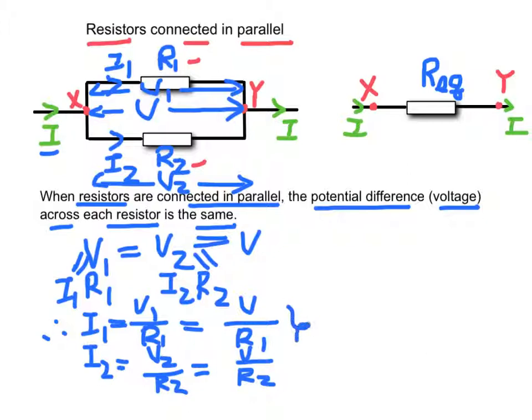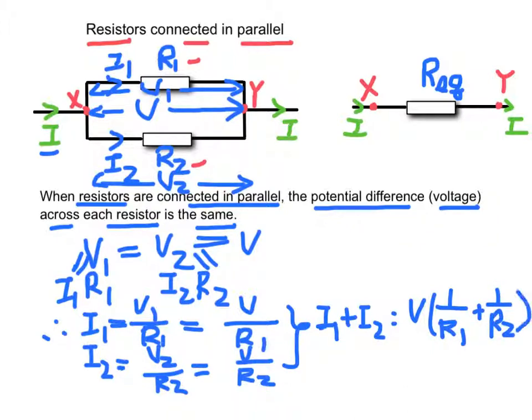Hence, I1 plus I2 equal to V times (1 over R1 plus 1 over R2). Or we say the total current I equal to V times (1 over R1 plus 1 over R2).